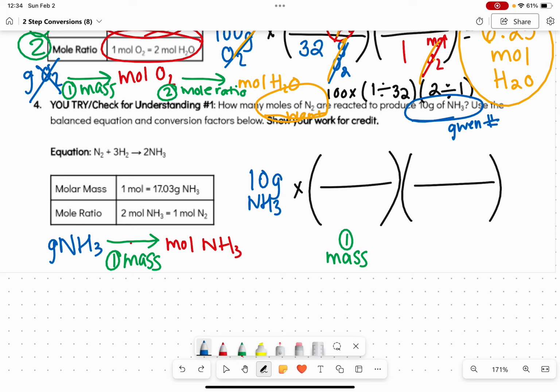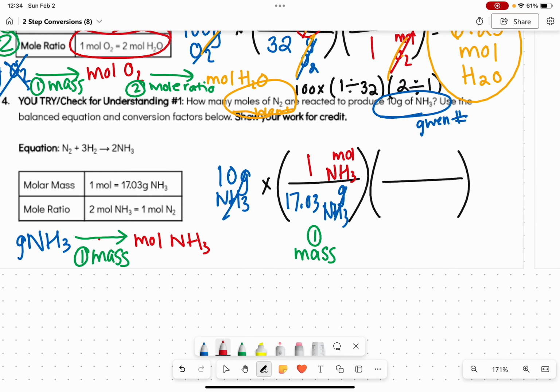So that is going to go on the bottom of our first conversion so that our grams cancel out. I want to find moles of NH3, so that is going to go at the top. The number that always goes opposite of grams is 1 mole.